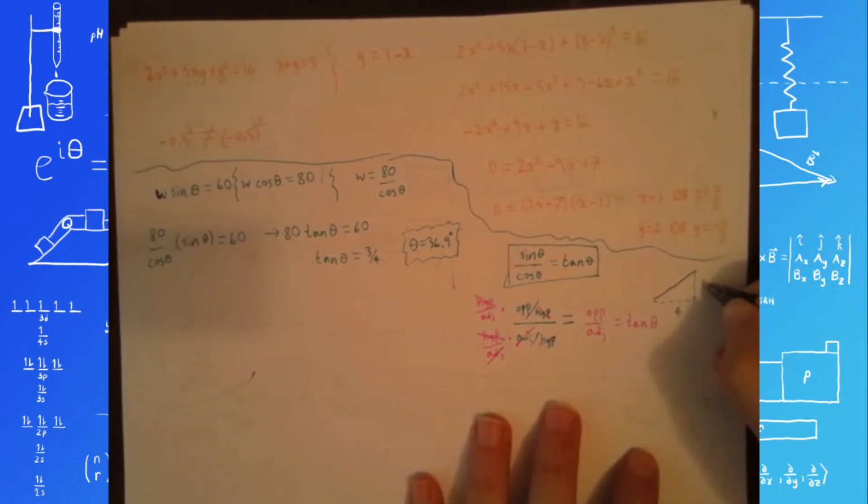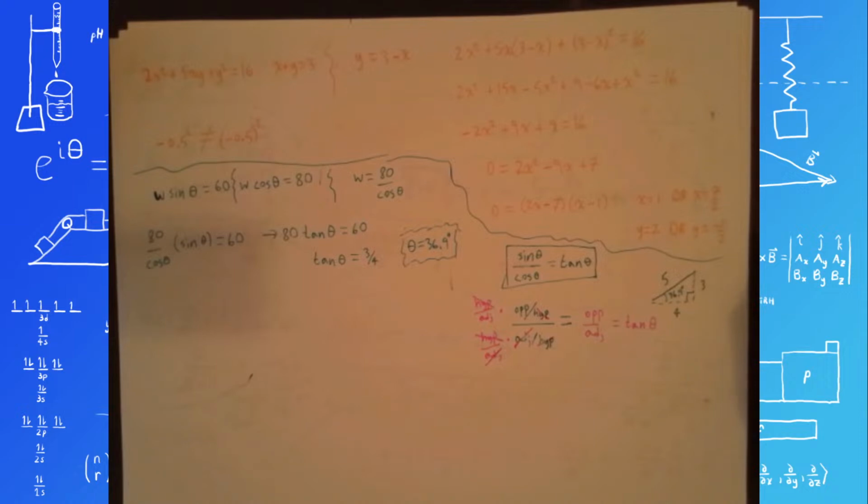If this is 4, and this is 3, and this is 5, and it's a right angle, then this angle is going to be 36.9 degrees, give or take, and that other angle is going to be 53.1. 36.9 and 53.1.